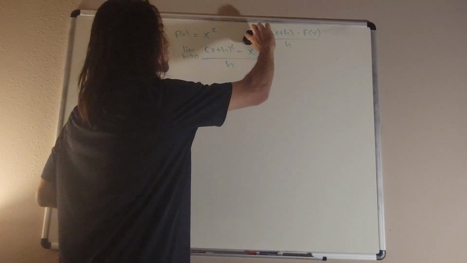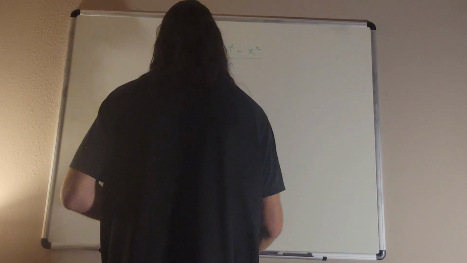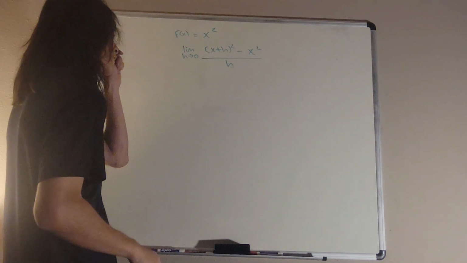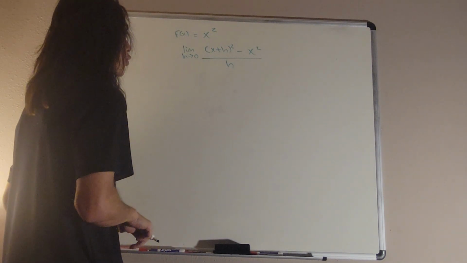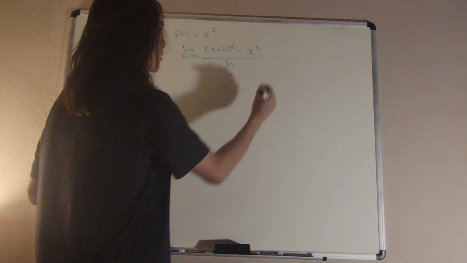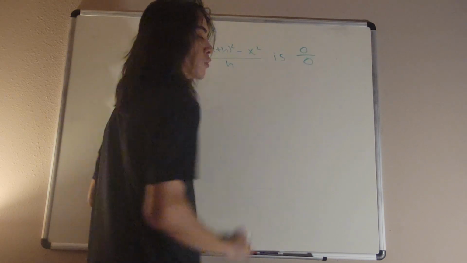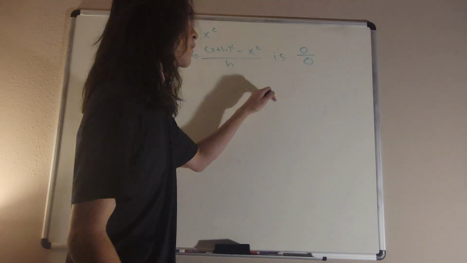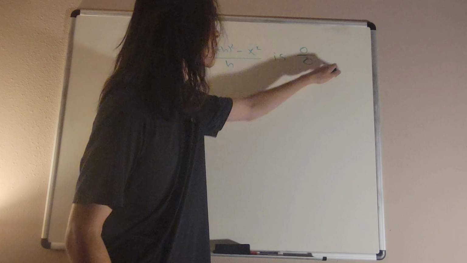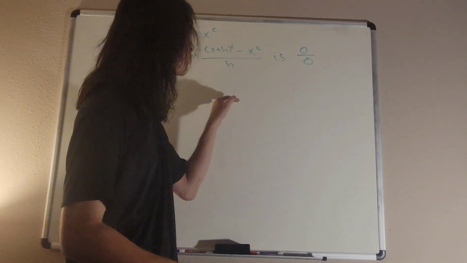Get rid of this, it's in the way. Alright, so now your goal in taking the limit here, because if we plugged in the limit right now, we're going to get 0 over 0, which is the indeterminate form. And again, if you guys know anything about limits, if you get the indeterminate form, that just means you need to do some simplifying.